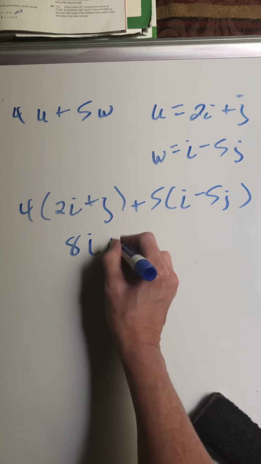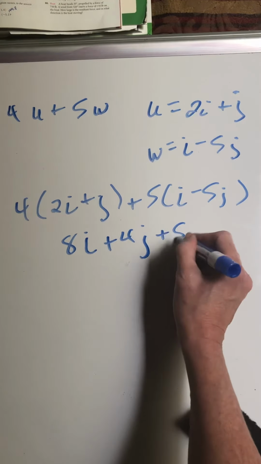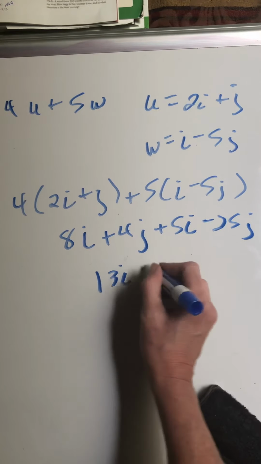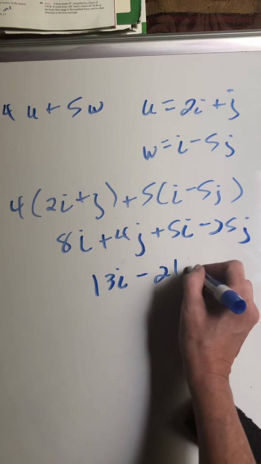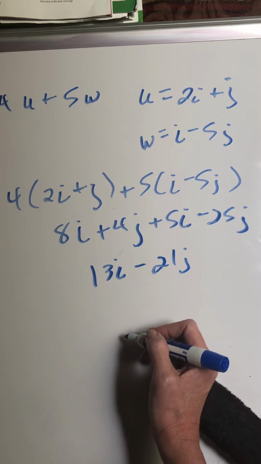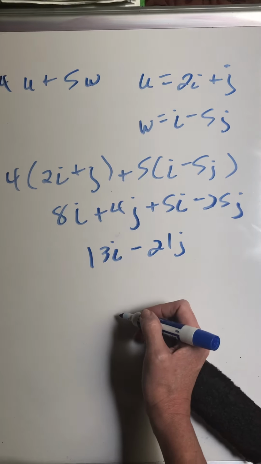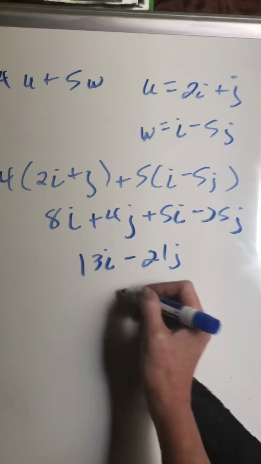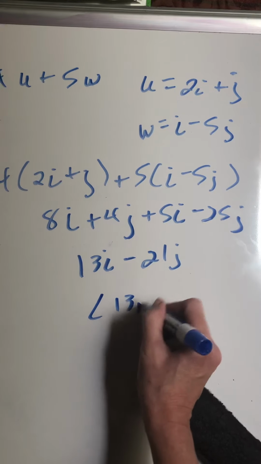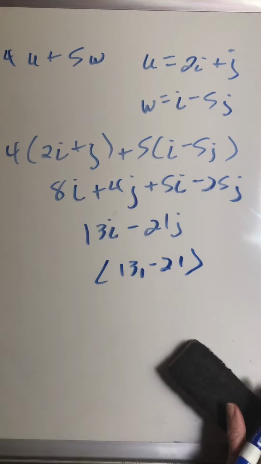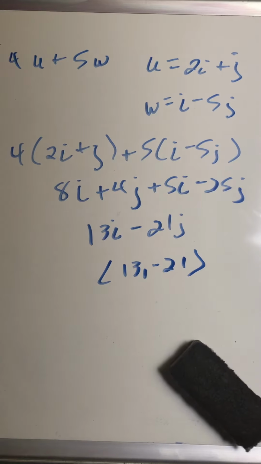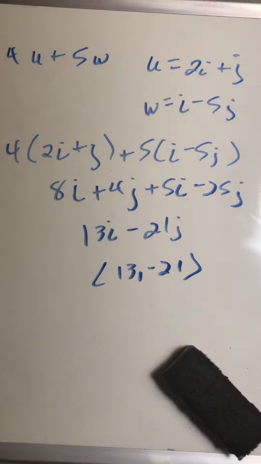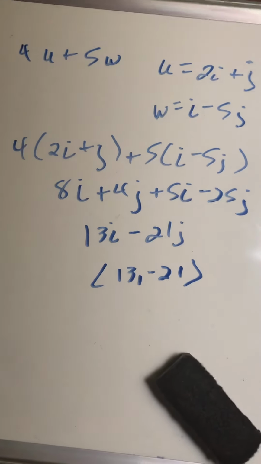So 8i plus 4j plus 5i minus 25j. So 13i minus, what is that, 21j? If I didn't mess it up any. Okay, and so there's that, and then component form would be 13 comma negative 21. I don't think I missed anything on that because it's plus. I distributed correctly. Yeah, okay, so there's that.